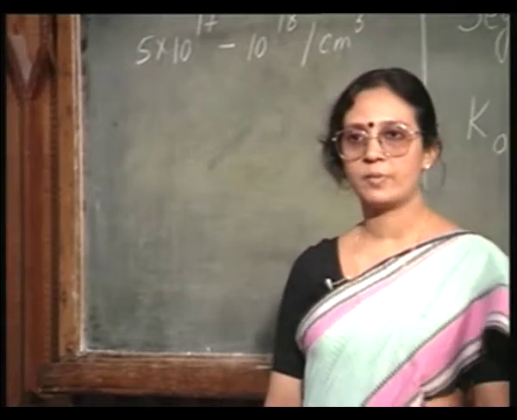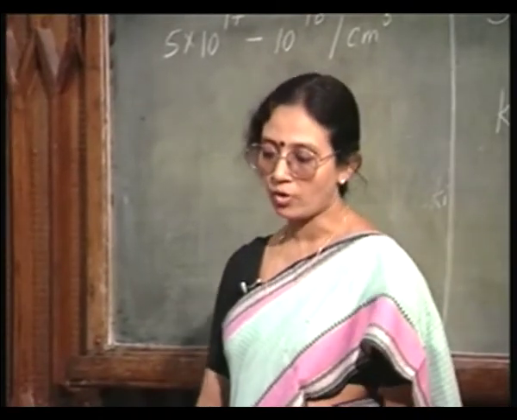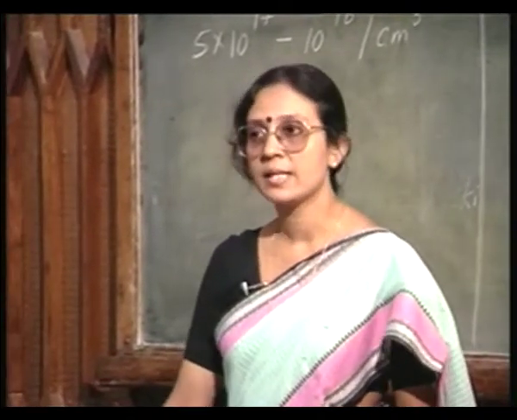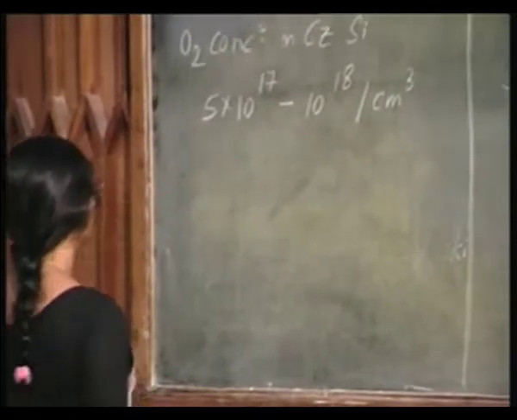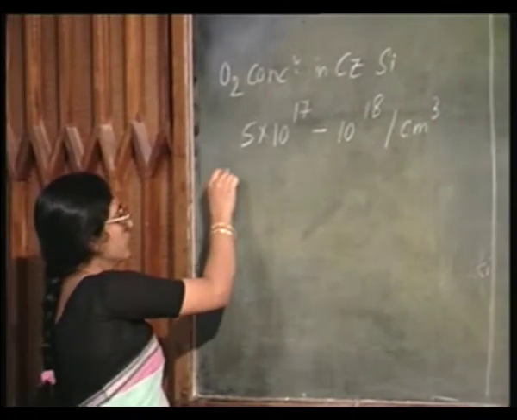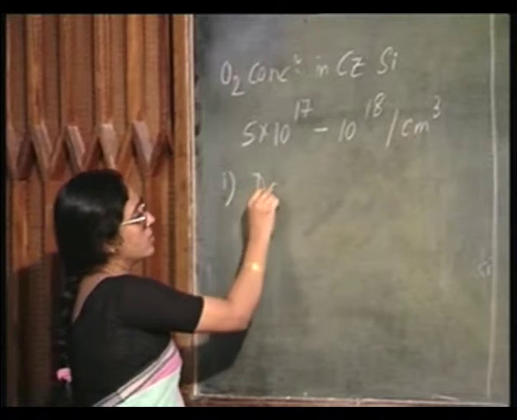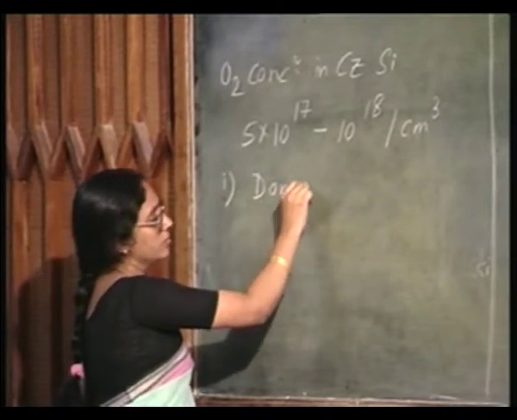The rest 5%, however, can form a complex like SiO4, and that complex will be donor like.